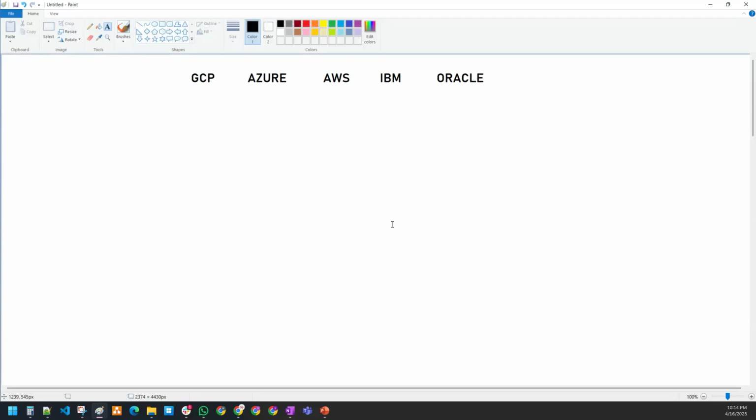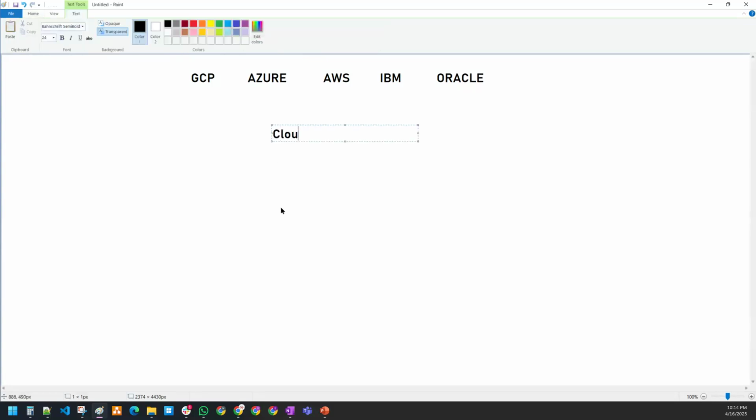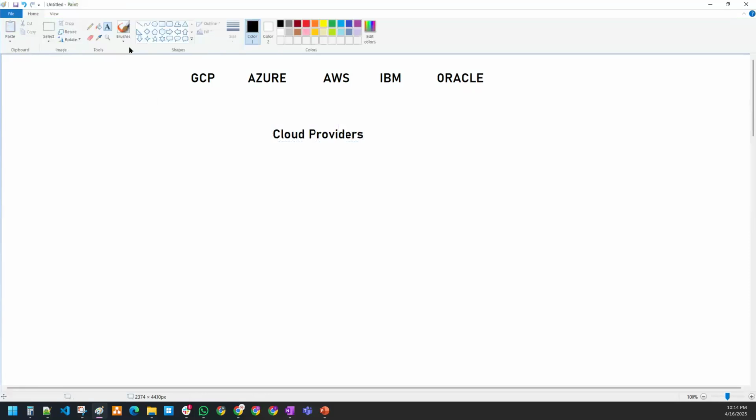The same goes for cloud platforms: GCP, Azure, AWS, IBM. They all come under the same category. They are the cloud providers. Tell me, guys, if it is a cloud provider, that means they are providing something. What do they actually provide us?